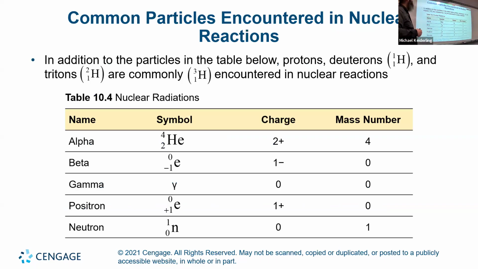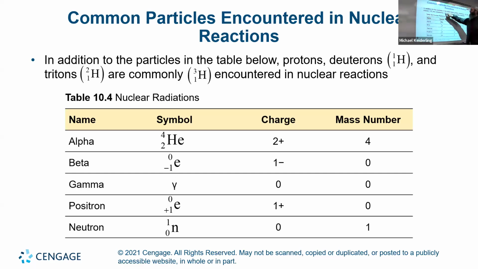In addition to the particles in the table below, you have alpha particles, beta particles, gammas, positrons, neutrons. Commonly, protons, deuterons. Oh, these are all, I forgot to fix this. All of these are off by a word. This is protons.